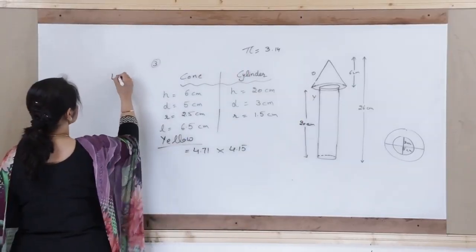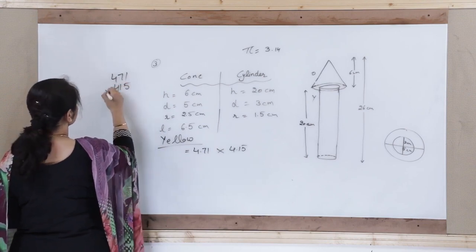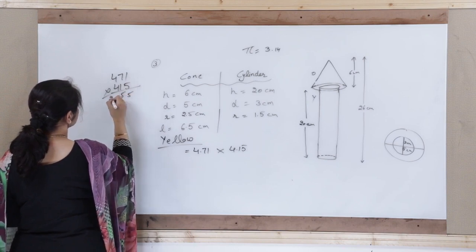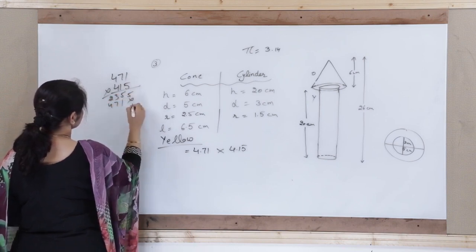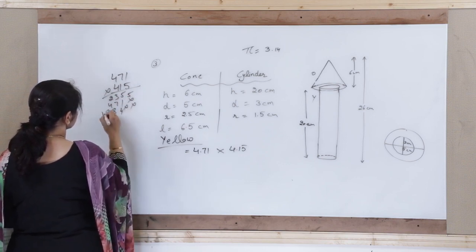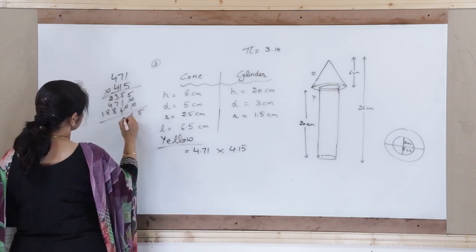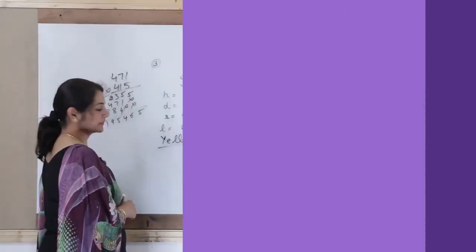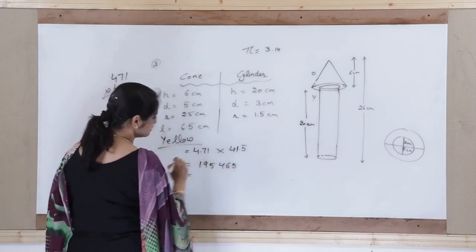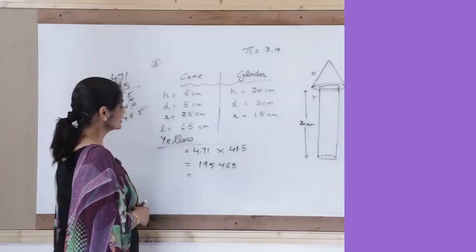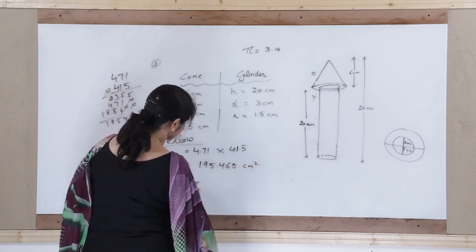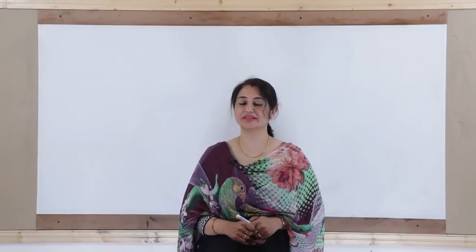Now multiplying this, we will have 195465 and decimal after 3 places here. So the answer will be 195.465 centimeters square.